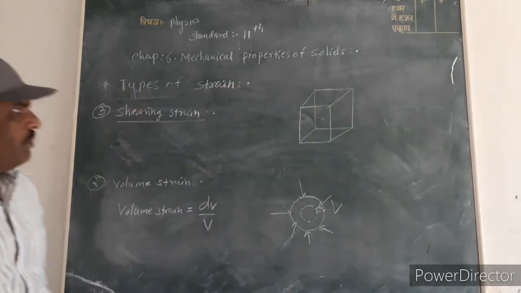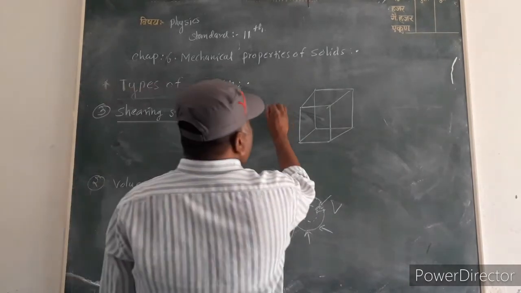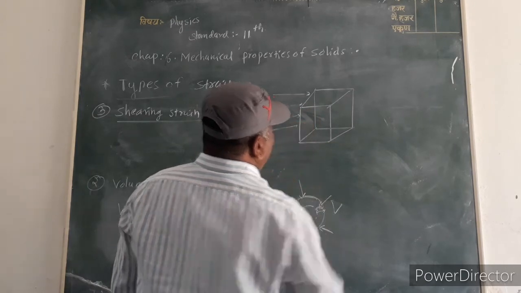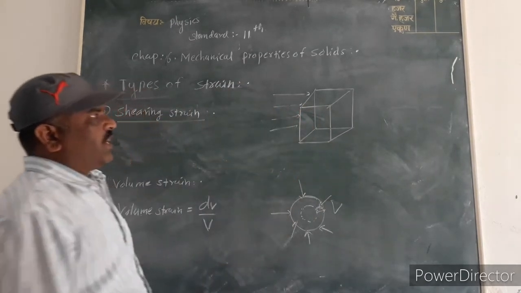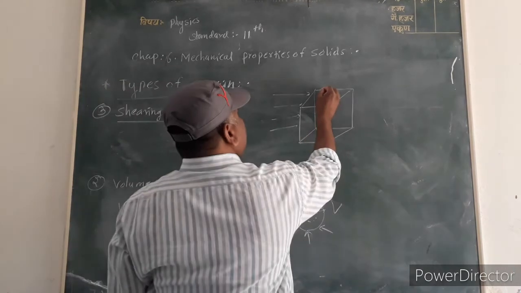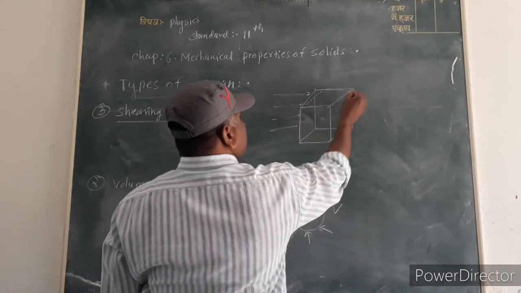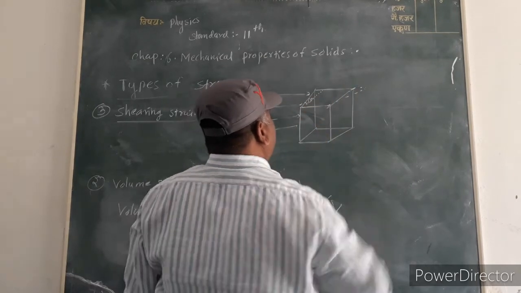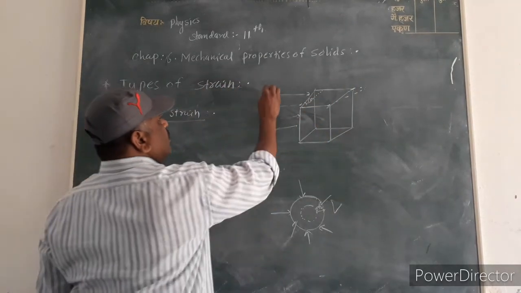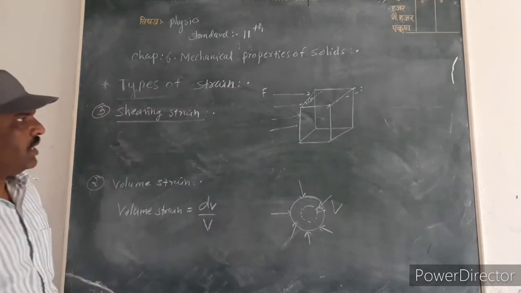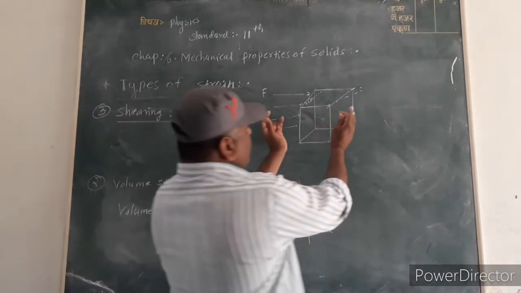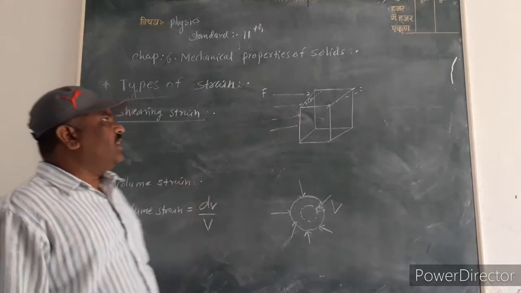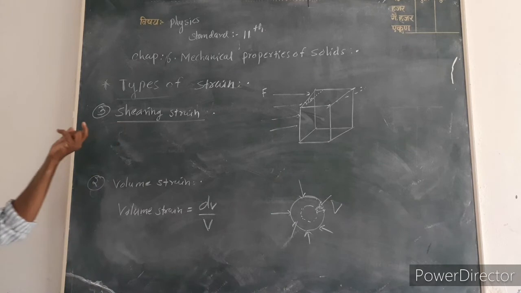This is the cube, and if you apply a force on one side or the top surface of that cube, then this top surface can be displaced at an angle theta due to this external force. Hence, the shape of that cube changes, and that type of strain is called shear strain.